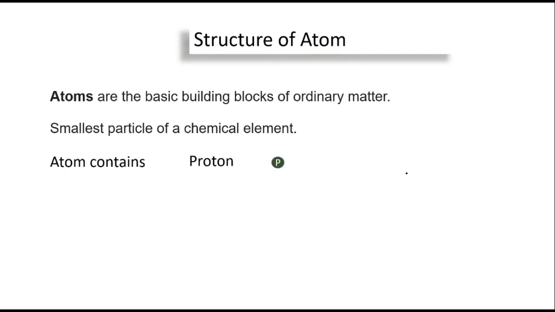So let me take proton as P, and then atom contains neutron. So this I'll give a symbol N, and then electron. An electron starts with letter E and it is the lightest among these three, and therefore let me take just as E, the small e, right? So these are important basic particles of atoms: protons, neutrons and electrons.